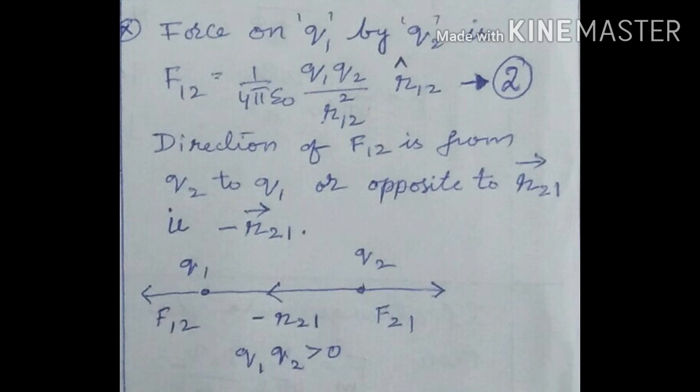That's the reason we have written minus R21 as the direction. If we have two like charges, then the product of the two like charges Q1 Q2 will always be greater than 0. Therefore, the force between them will be a repulsive force. As you can see in the diagram, F12 is opposite to F21.